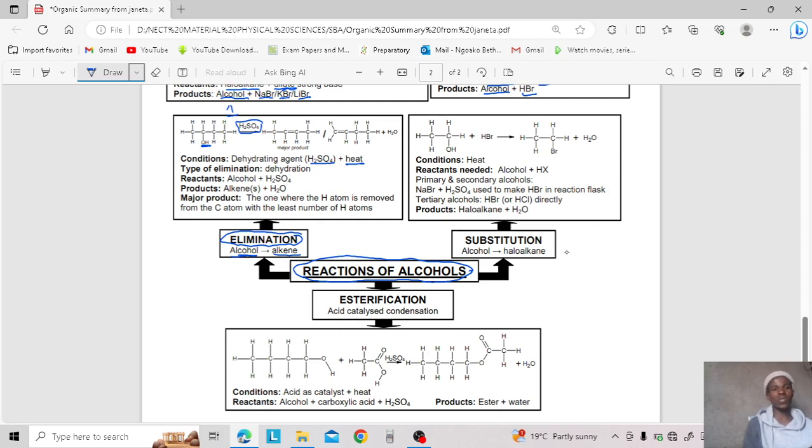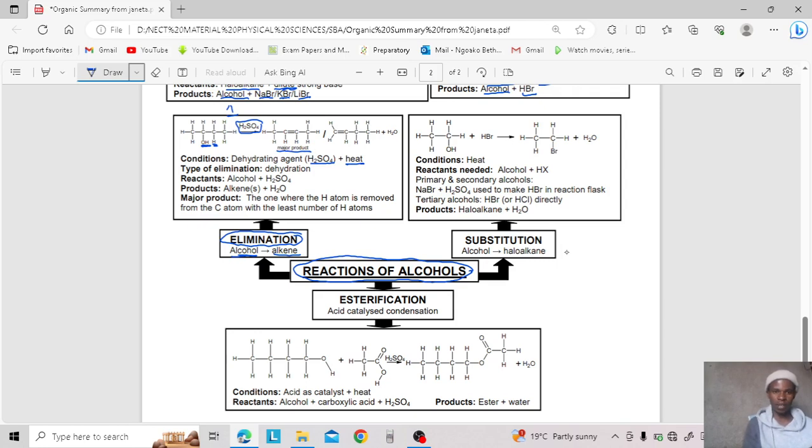We're still using Markovnikov's rule for us to have the major product. On the second one, remove hydrogen there. Then I form a major product.